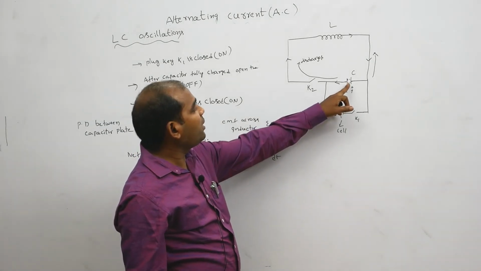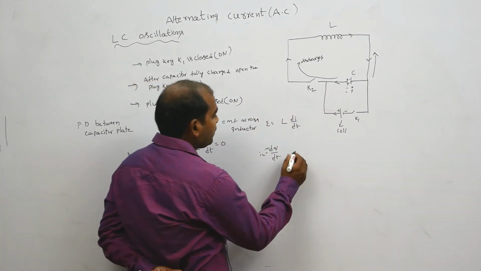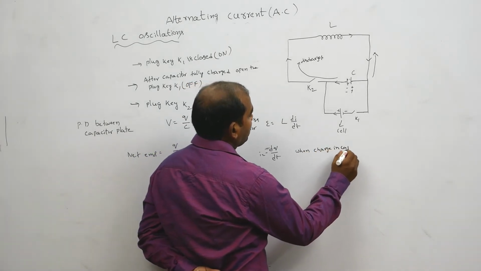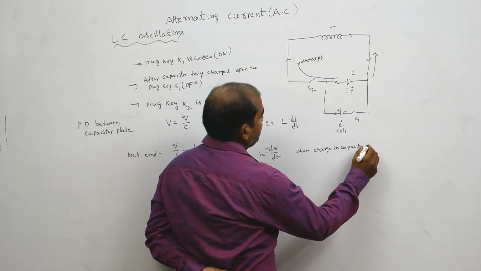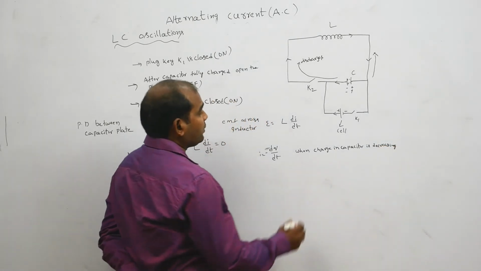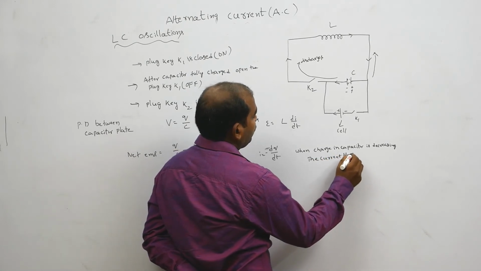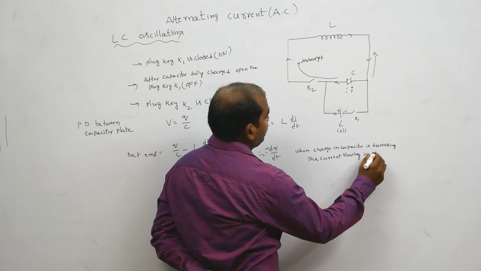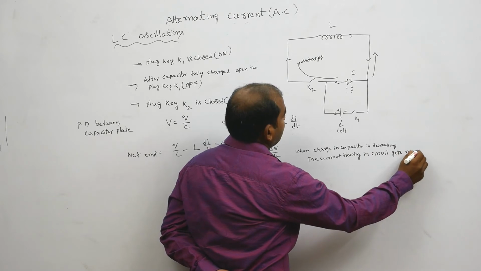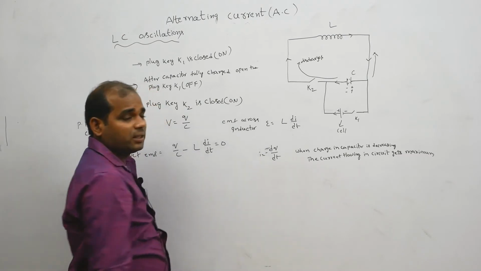When the charge in the capacitor is decreasing, the current flowing in the circuit gets maximum, it will be increased. That's why I put a minus sign here.